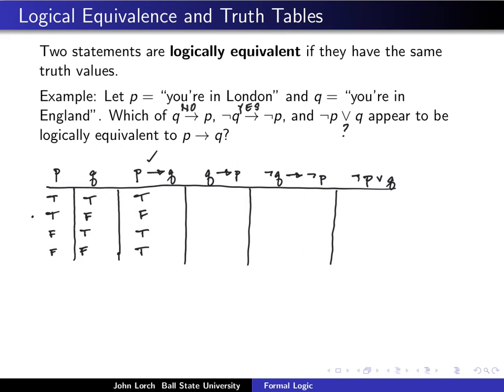All right, so now to test logical equivalence, we're looking for the same collection of truth values. So that means that in these next three statements, I'll produce a column of T's and F's in each one of them, and I want to check whether that column of T's and F's matches the column in the conditional statement. So let's look at if Q then P. Now remember, the only way that can be false is when Q is true and P is false.